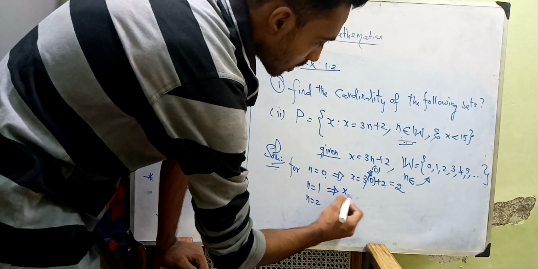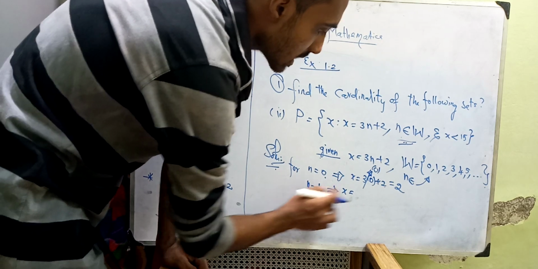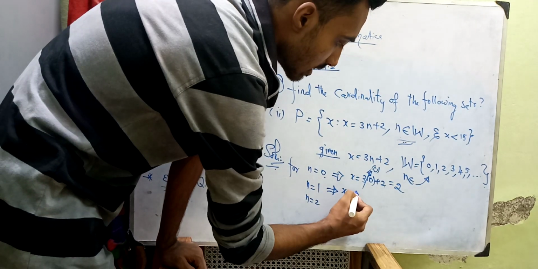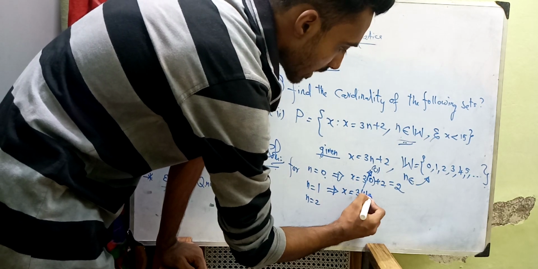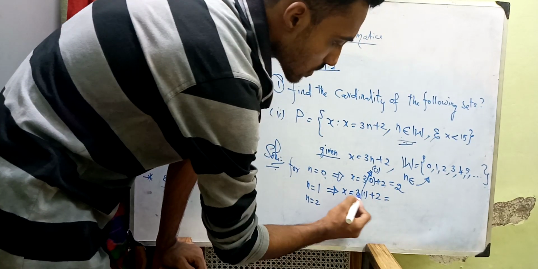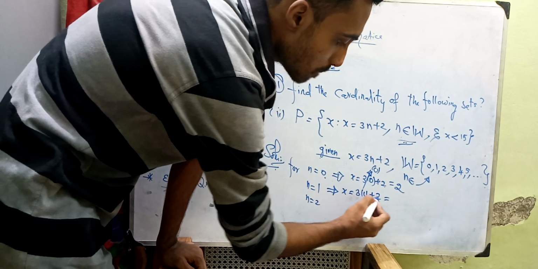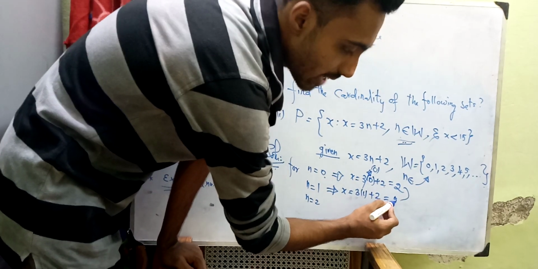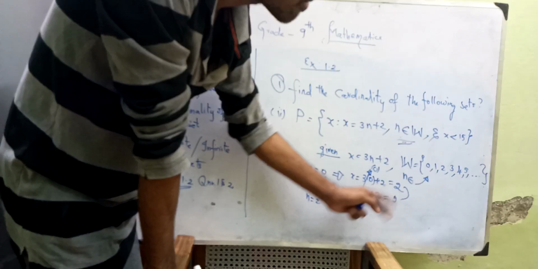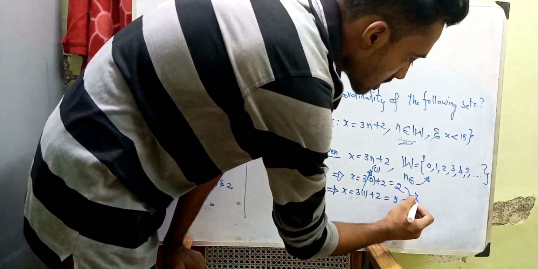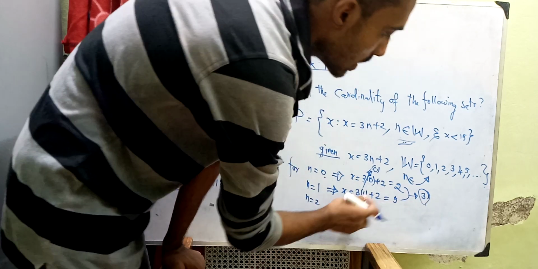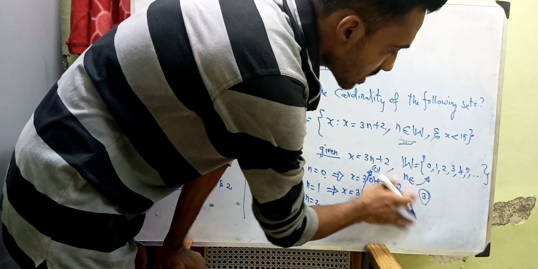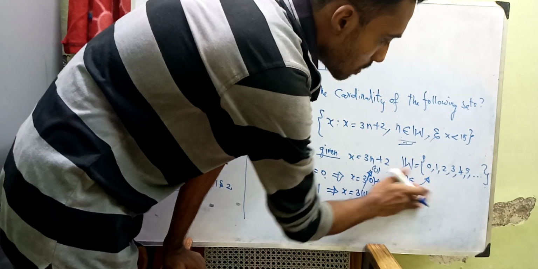And if you substitute n equal to 1 here, X is equal to 3 times 1 plus 2. So 3 times 1 is 3, 3 plus 2 is 5. Just see the difference here, 2 and 5. What is the difference between 2 and 5? The difference is 3. You just need to add 3 to get the next numbers.